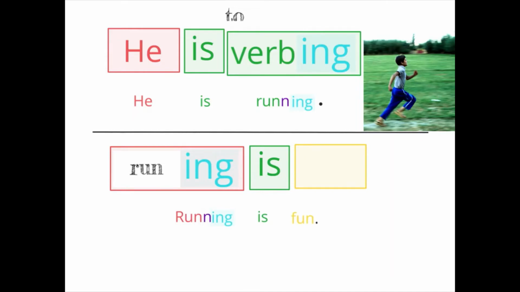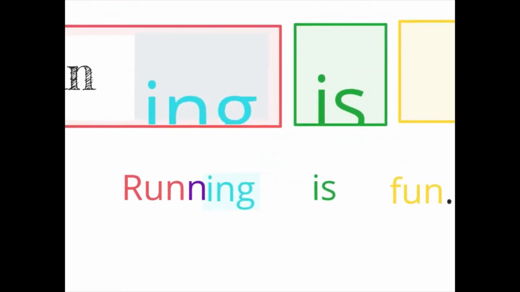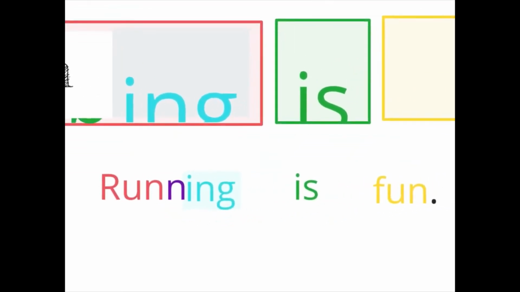In this sentence, even though running is an action we can do, we are talking about the act of running, or the action of running. You can see it begins with the, and we always put the before a noun.